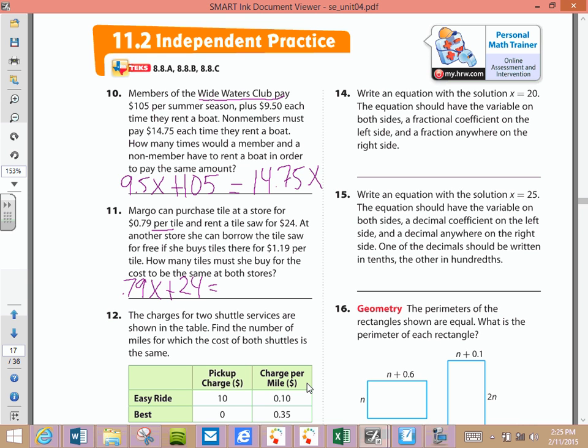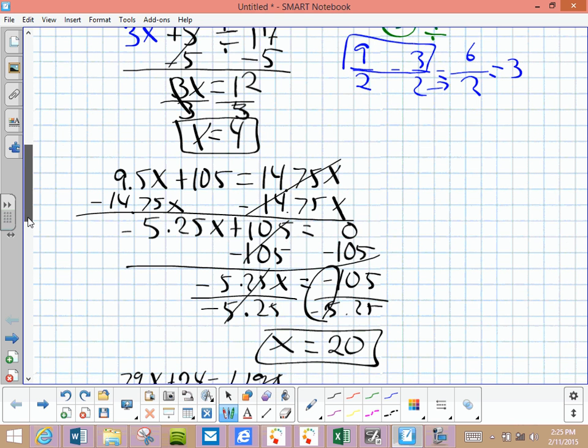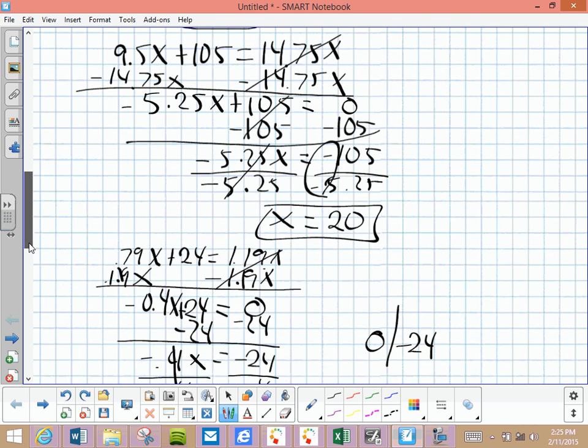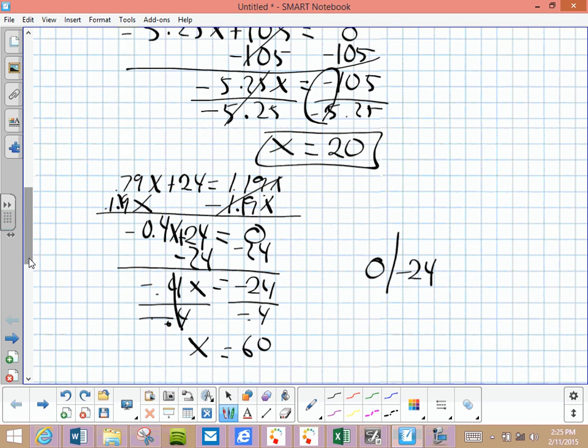And we're trying to see at what point it will be the same as the other store, which is $1.19 per tile, right? So we bring that equation and we solve for it. And it gives me the following. Ta-da! 60. So when you buy 60 tiles, both values will be exactly the same.